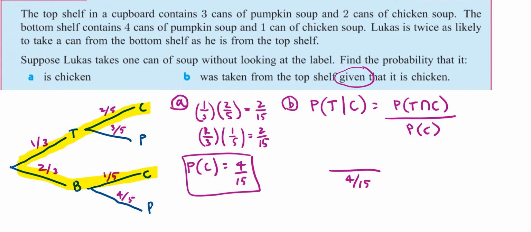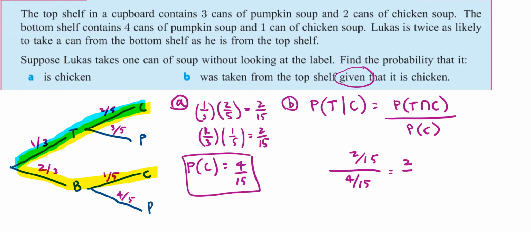And the top of our fraction is going to be this top branch where it is top shelf and chicken. So that is 2 out of 15. We can't leave our fraction like that because we're better math students than that.